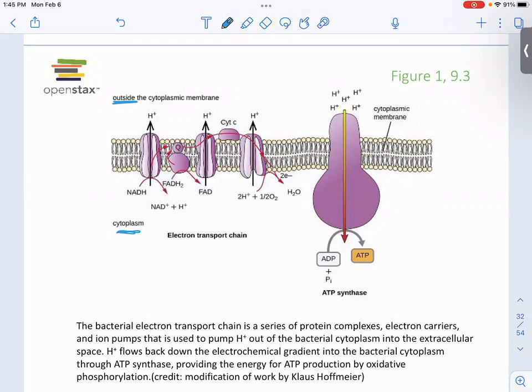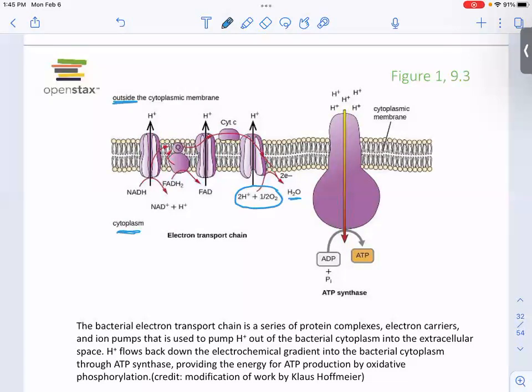Notice here, this shows oxygen as being the final electron acceptor, and you can see two protons combine with half an O2. So that O2 molecule has to split in order to accept those electrons and end up as water.